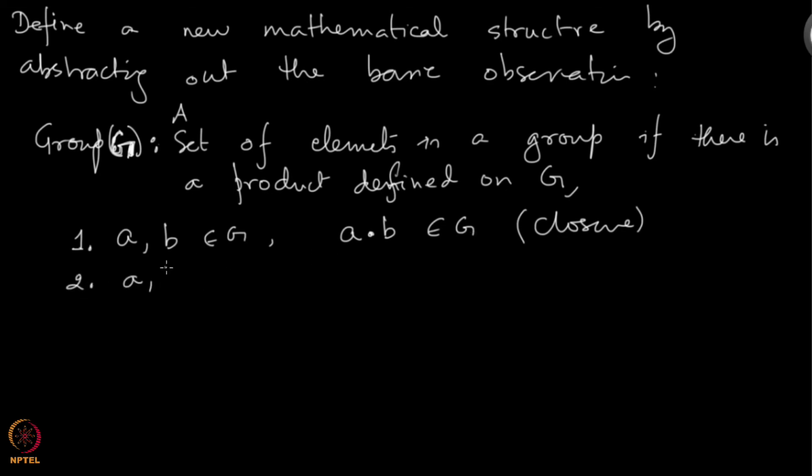Second, if you have three elements A, B and C belonging to group G, then we want the associative property to hold true. We have seen that is true for maps under composition, and we want that property built into this definition.